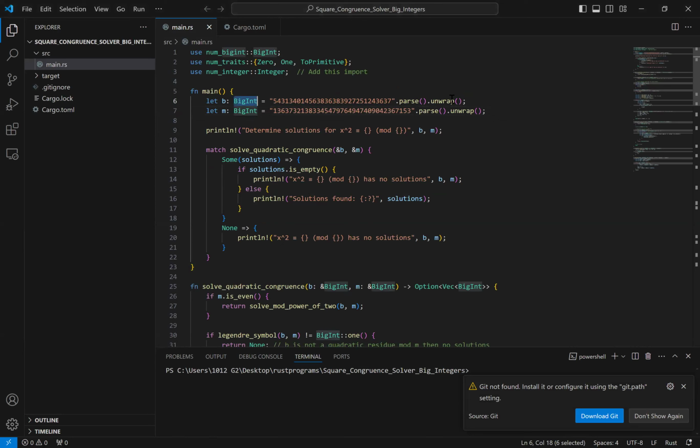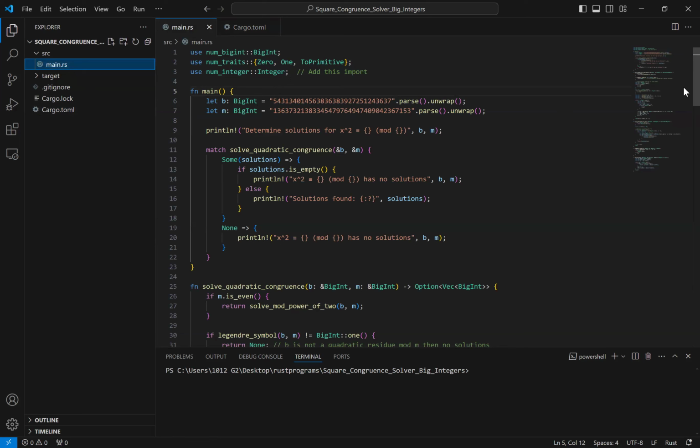And then you go to the cargo terminal, where there are libraries, and put the dependencies there. So where there was U128 or I128, we just replace it with the big integer, BigInt.